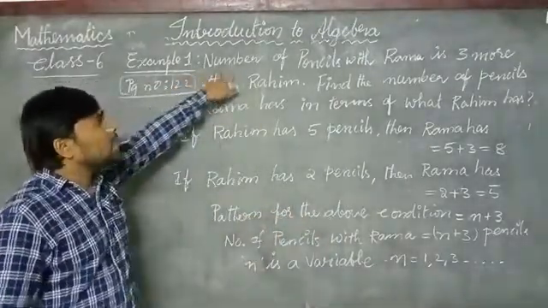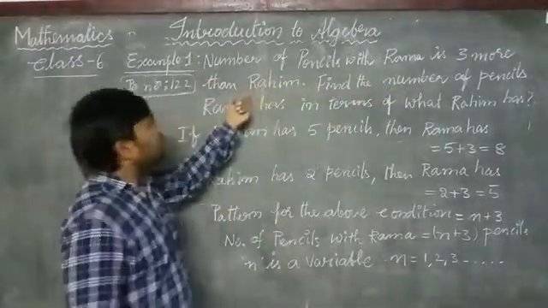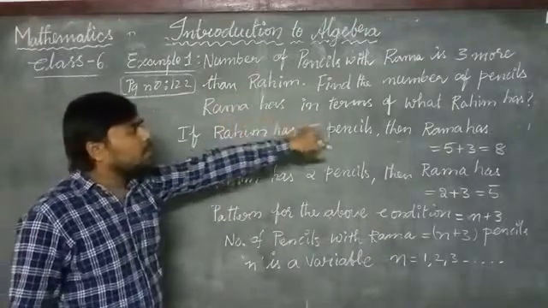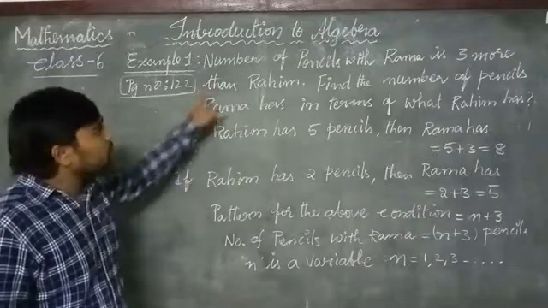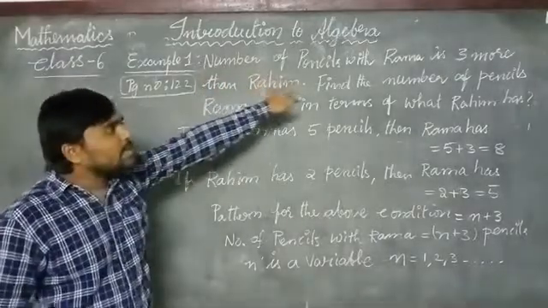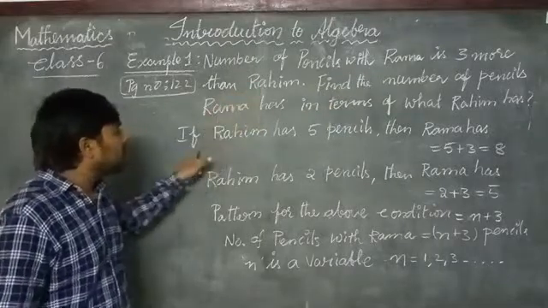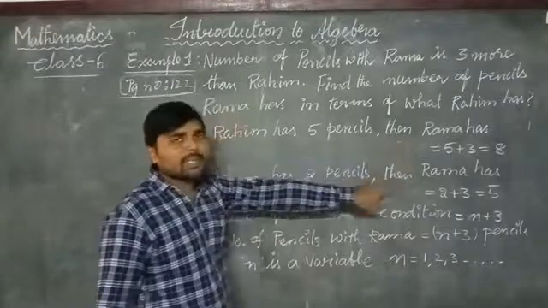Once again, the number of pencils with Rama is 3 more than Rahim. Find the number of pencils Rama has in terms of what Rahim has. If Rahim has 5 pencils, then Rama has 5 plus 3 pencils.